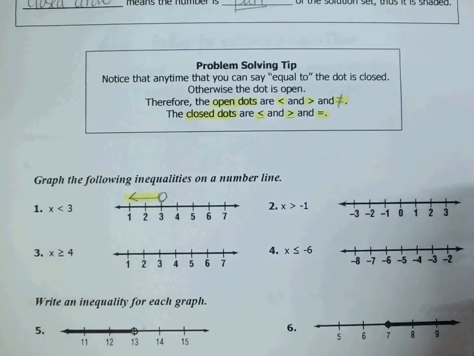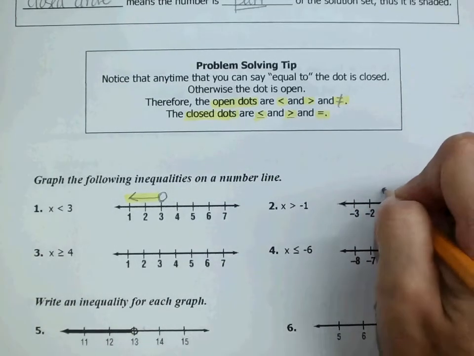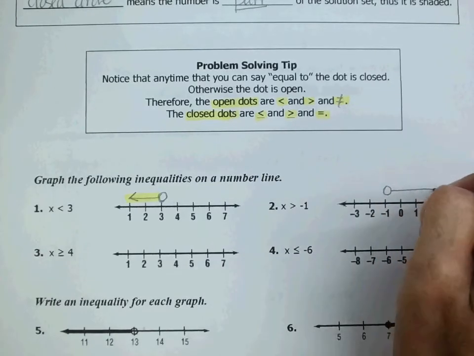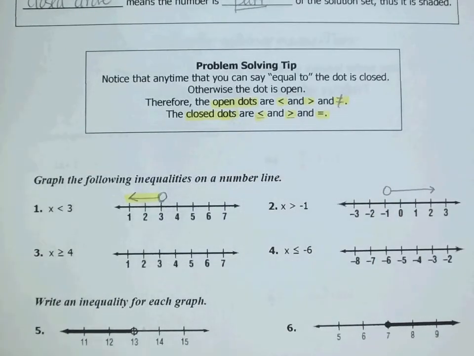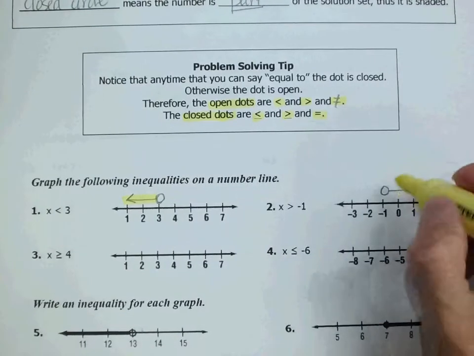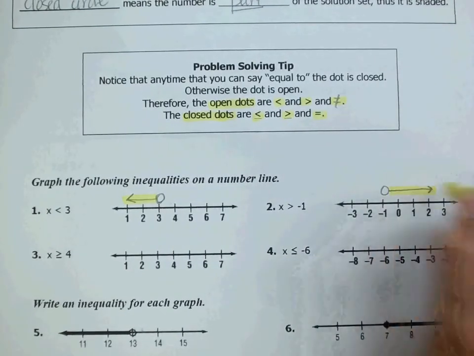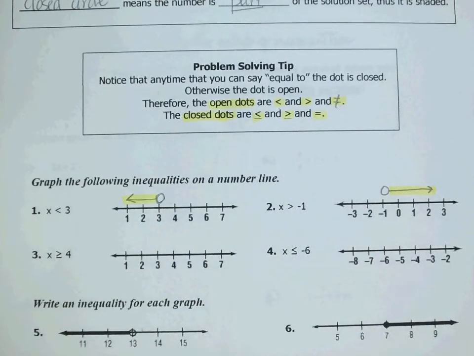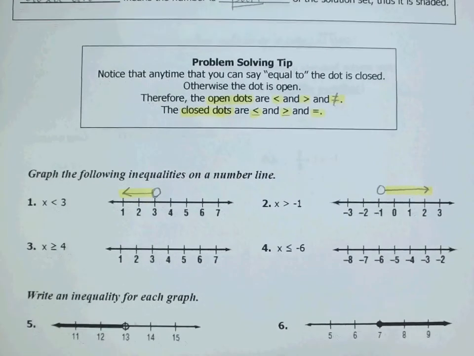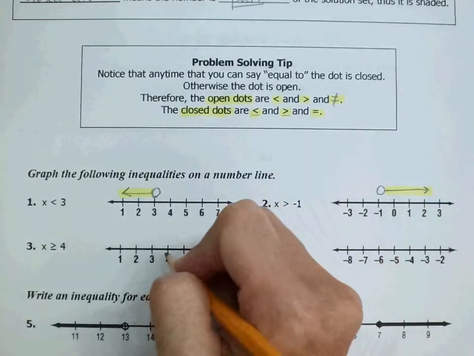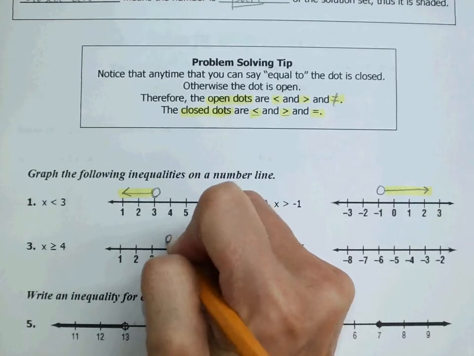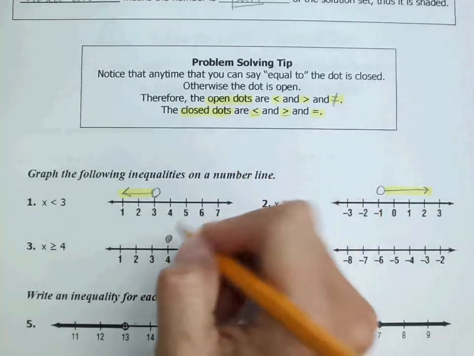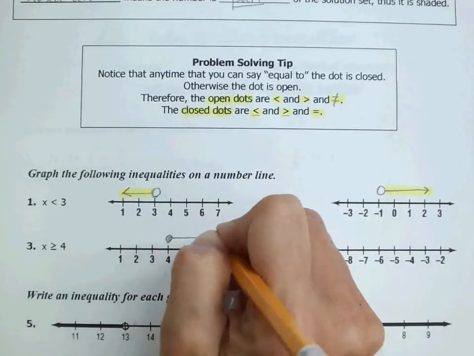Number 2, again, we're going to find -1, greater than, so these are all values greater than -1, and I'm going to highlight that. Again, this is part of my solution set. Number 3, at number 4, this is greater than or equal to, so it's a closed circle. Values greater than or equal to 4 go to the right.